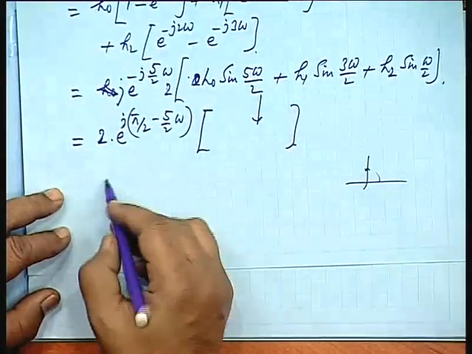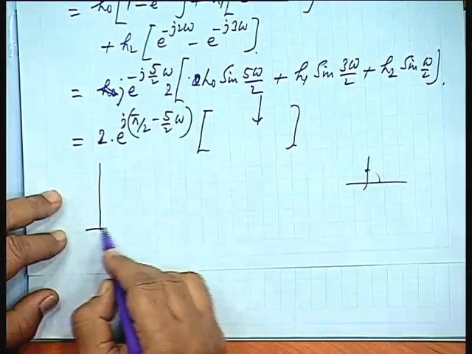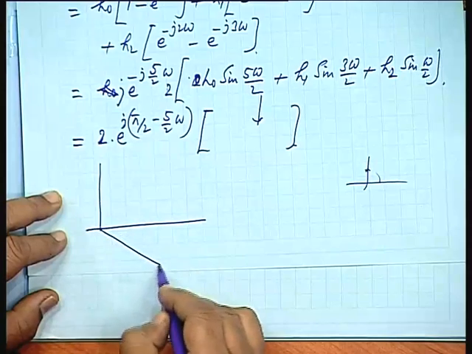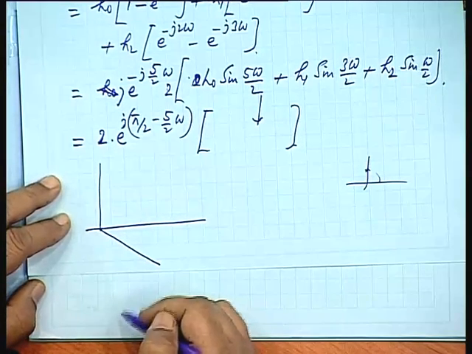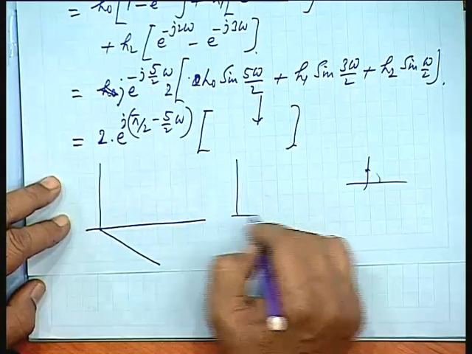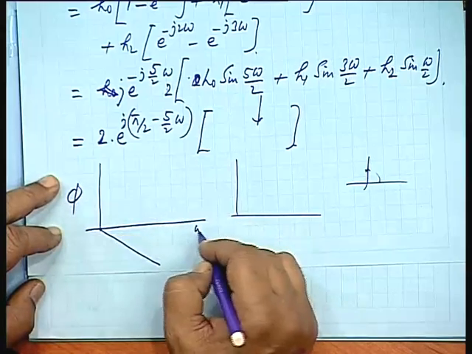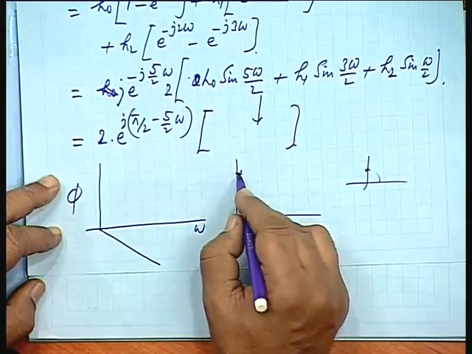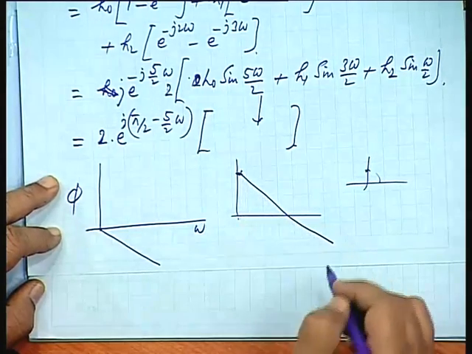So, in the earlier case I was getting a phase shift like this, all right. Now, this is phase shifted by π/2, but again linearly falling.